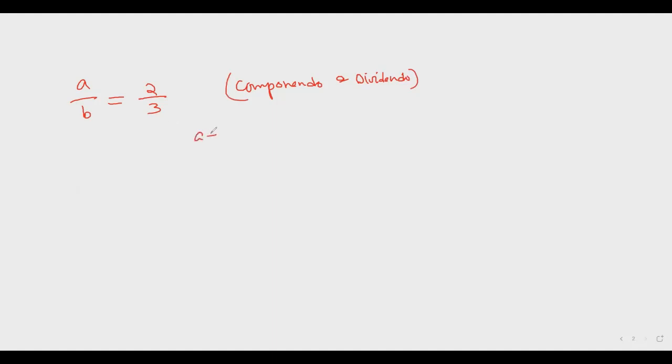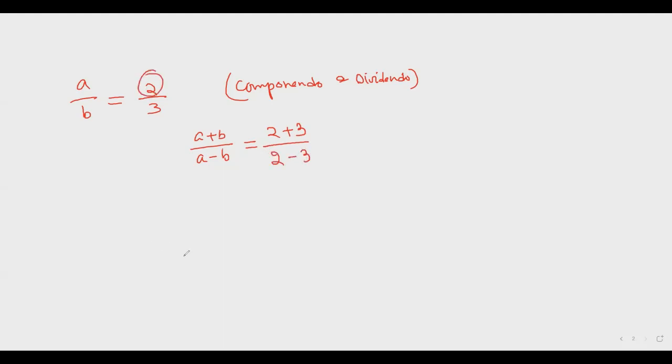A plus B divided by A minus B will be 2 plus 3, and then here it will be 2 minus 3.